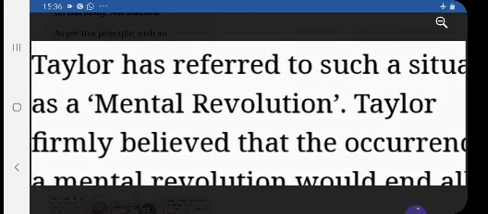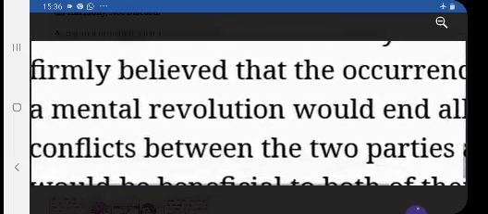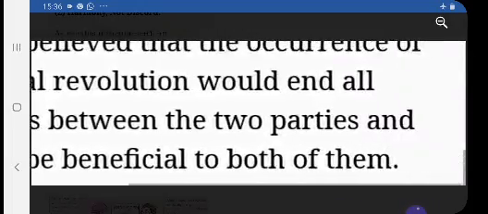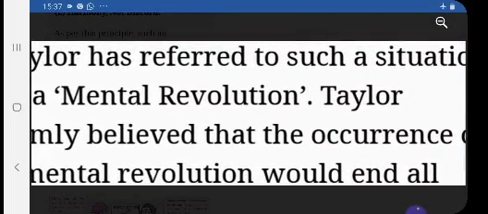There should be a mental revolution. Here it refers to both giving importance to each other. There should not be a conflict between the two parties, and it would be beneficial to them. It means the mindset has to be changed.